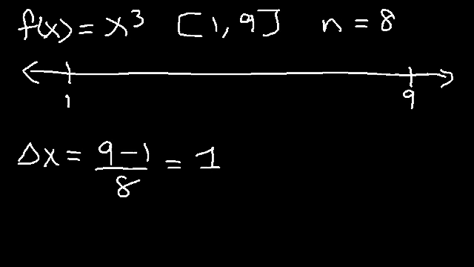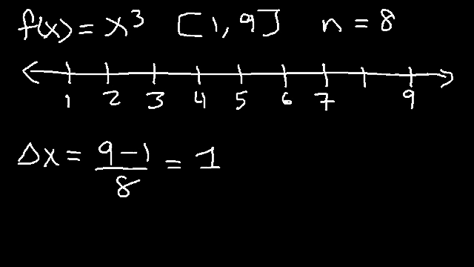So the width of each interval is 1. Using the midpoint rule, we're going to use 1.5, 2.5, 3.5, 4.5, 5.5, 6.5, 7.5, 8.5. So for the midpoint rule, n is equal to 8, and we're going to choose 8 points.